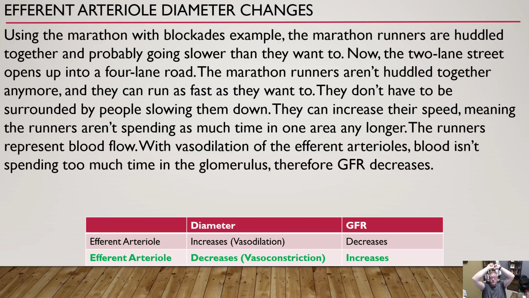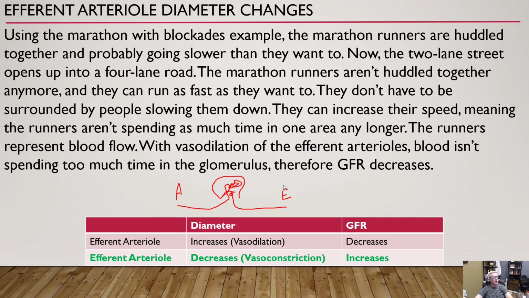So now we're vasodilating our efferent arterioles. Let me draw this. So now we're not doing anything with the afferent side.